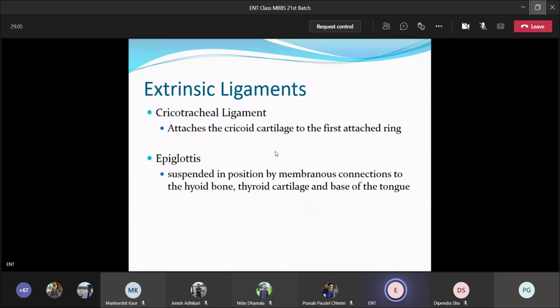Now the extrinsic ligaments: the cricotracheal ligament attaches the cricoid cartilage to the first tracheal ring, and the epiglottis is suspended in position by membranous connections to the hyoid bone, thyroid cartilage, and base of the tongue. So these are the extrinsic ligaments, the cricotracheal ligament and epiglottis.